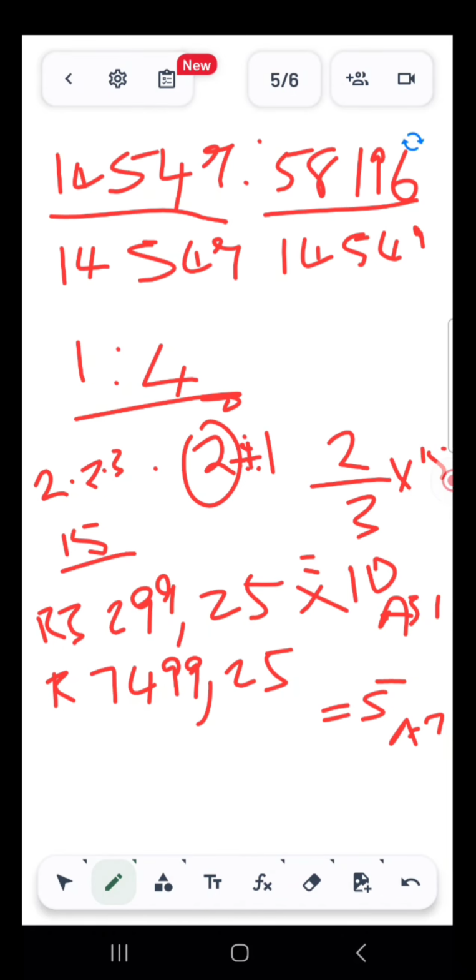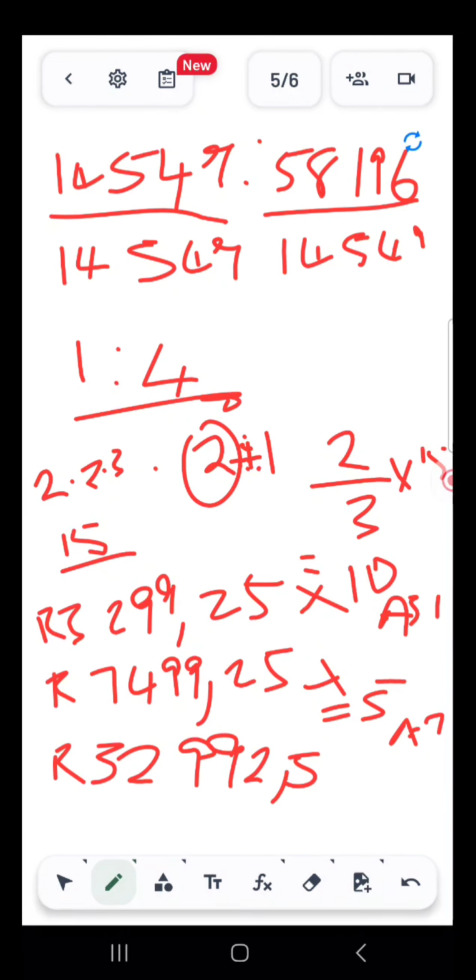Okay. Now we multiply the cost price of the A31 by the number of phones, then we multiply the cost price of the A72 by its number of phones. So if we multiply the first one with 10, it will give us 32,992.5, and then we multiply the second one with 5.